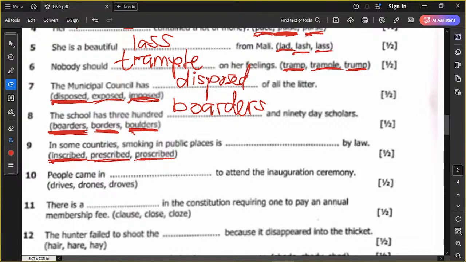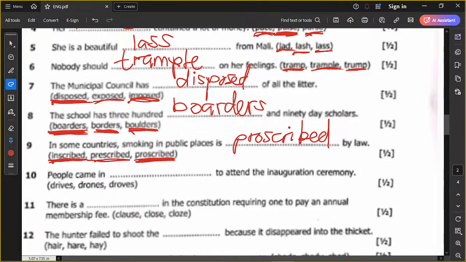Officially forbidden, that is proscribed, and is the correct answer. So in some countries, smoking in public places is proscribed. Okay, we come to question 10.